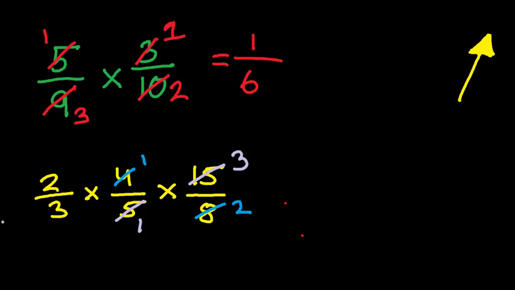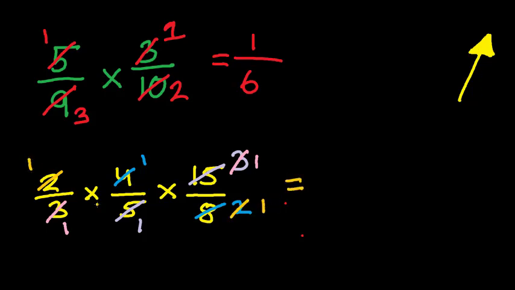So I'm going to simplify that as well. 3 divided by 3 is 1, and this 3 divided by 3 is 1 as well. Now we have this 2 and this 2. I know that 2 and 2 can be divided by 2. So 2 divided by 2 is 1, and 2 divided by 2 is 1.